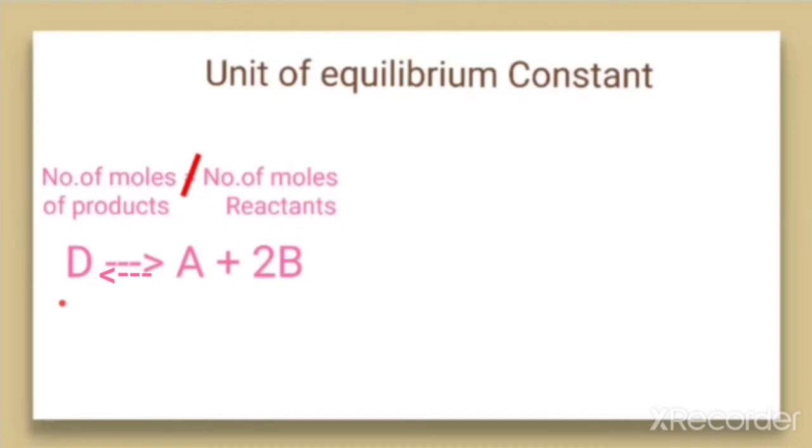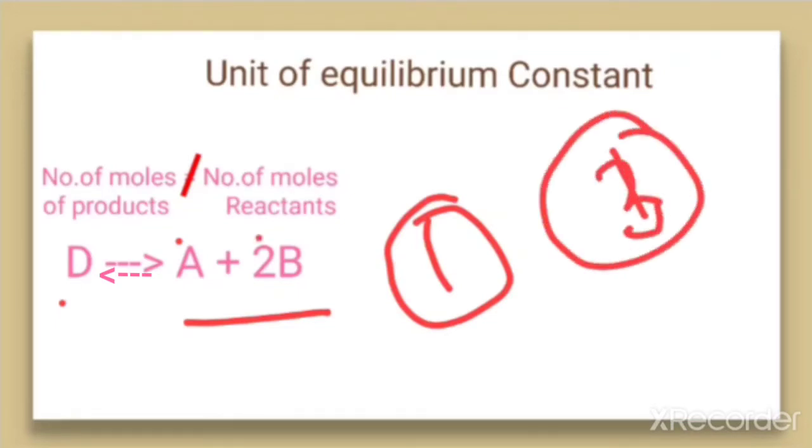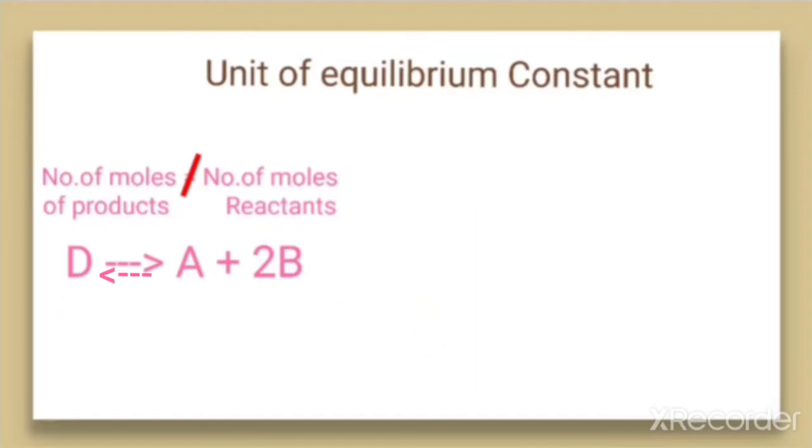That means here the number of moles of reactant is not equal to the number of moles of product, because 1D means 1 mole of D, and on the product side, A is 1 and 2B means a total of 3. So on the reactant side we have 1 mole, on the product side we have 3 moles. So in such a case, Kc will be found in this way.